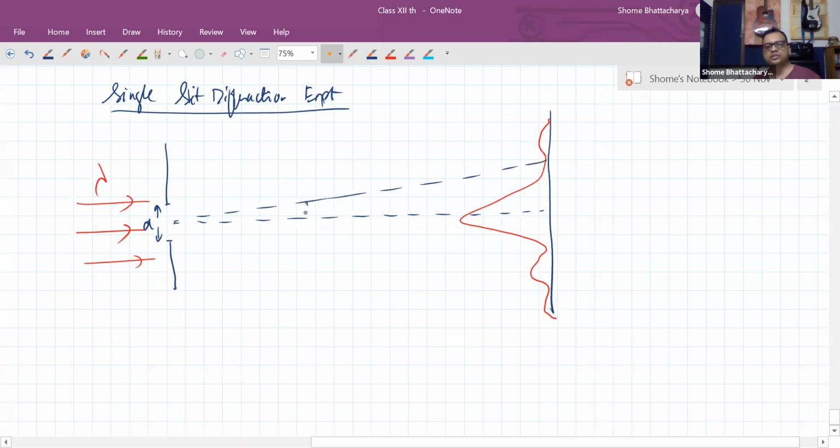So we had seen that at any angular position theta on the screen, we got I equal to I max sine square beta upon beta square, where beta was equal to pi by lambda into a sine theta, or from the symmetry point, this point is at a distance y.